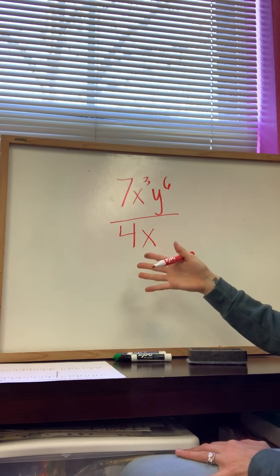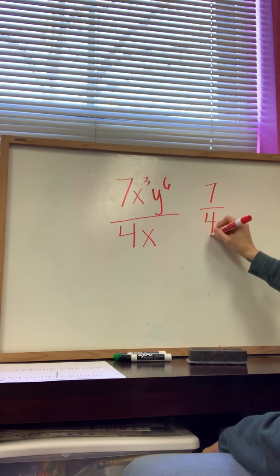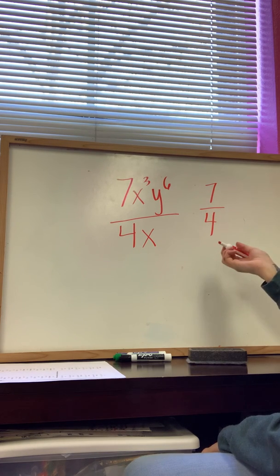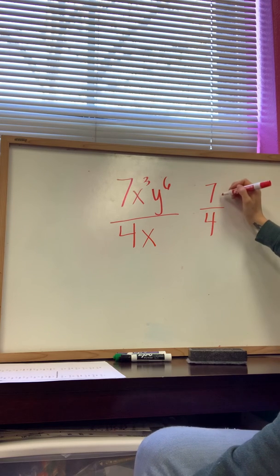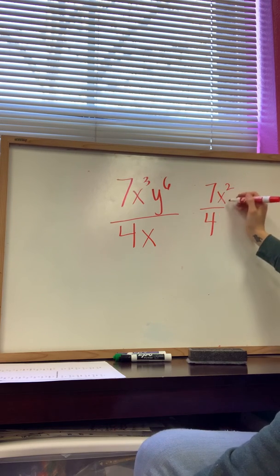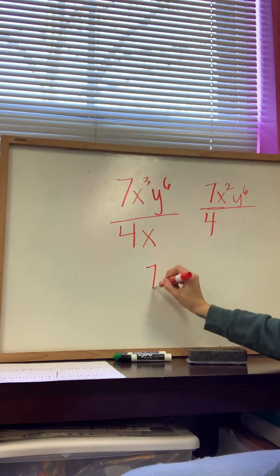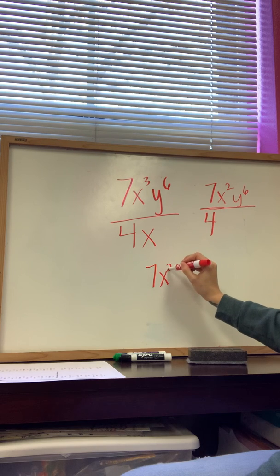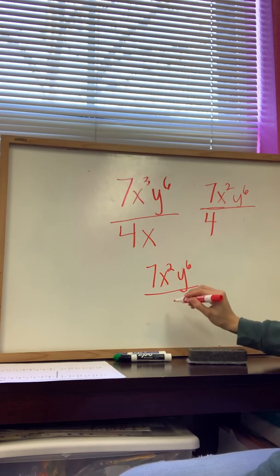As long as you reduce it, that's fine. So I would just keep this 7 over 4 instead of changing it to 1 3/4. Then we have x squared, and nothing happens to those y's. The answer should be 7x squared y to the 6th power over 4.